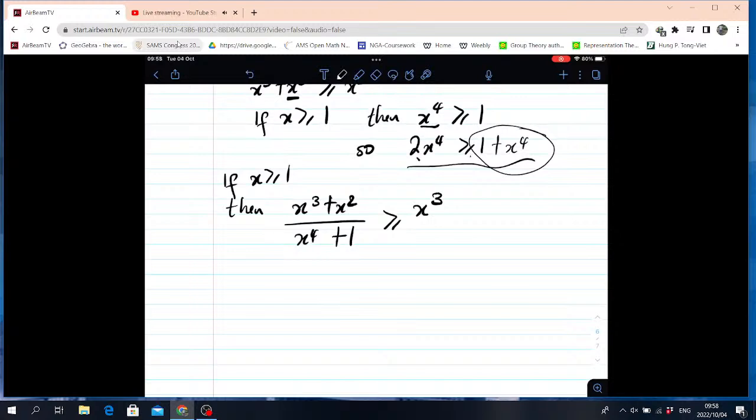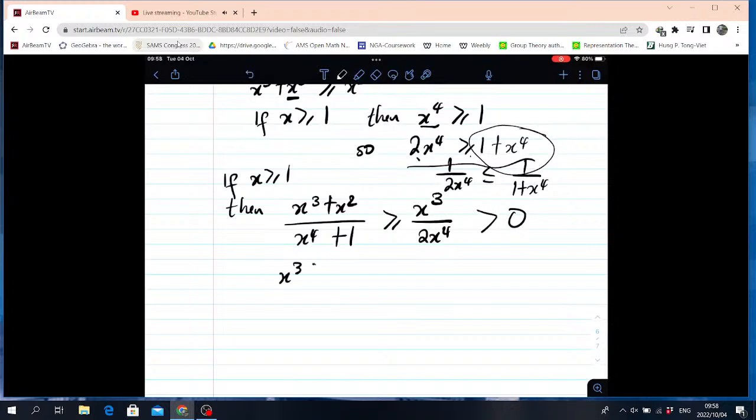If you take the reciprocal of these, right, it would have looked like this: 1 over 1 plus x to the 4, right? So we can safely say that this would be greater or equal to 1 over 2x to the 4, right? And then I know that this is greater than 0 because we are dealing with x greater or equal to 1.